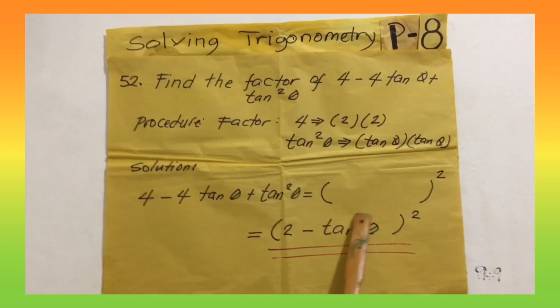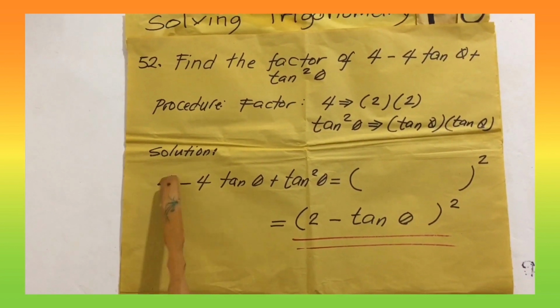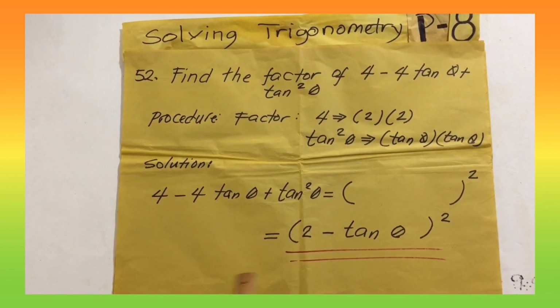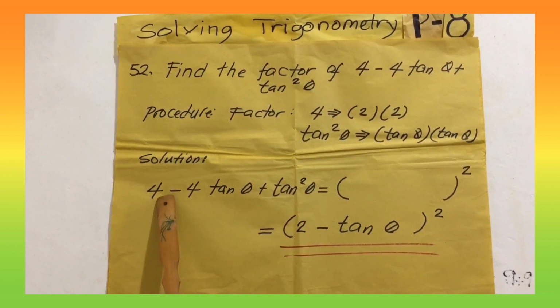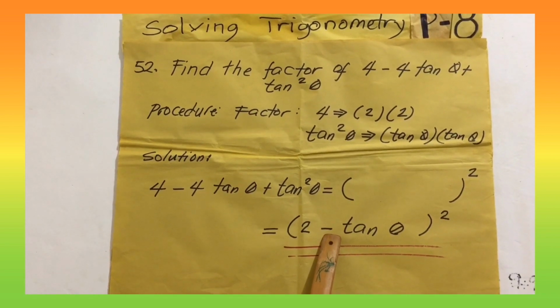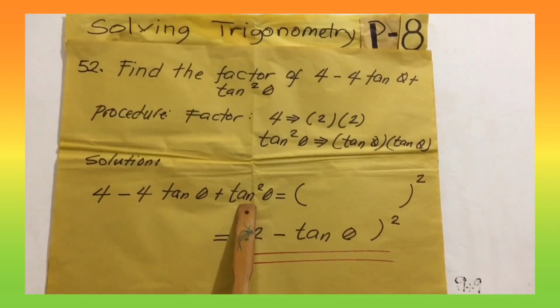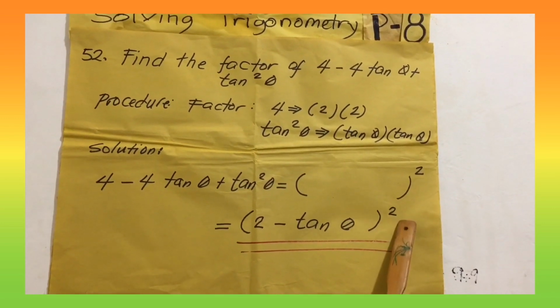So the result now is we're going to write the factor of 4. The factor of 4, we have 2. So right here 2. And the sign first. The sign here is negative, so your sign should also be negative. And tangent squared theta, the factor is tangent theta, then the square.